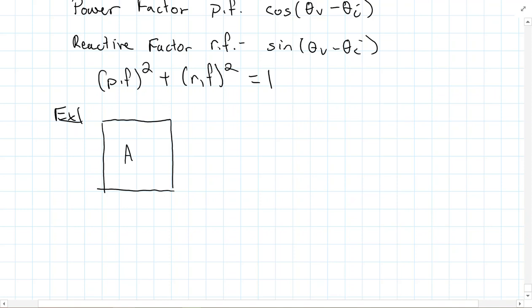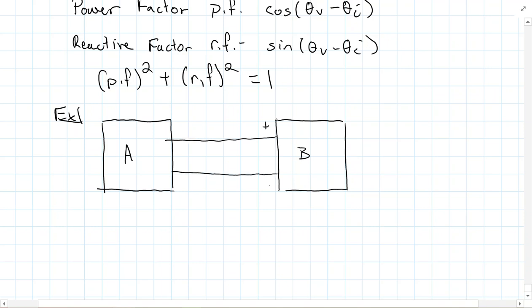Box A and box B. And then I'll have plus minus VB, plus minus VA, which of course are the same, and then we'll have a current I here.